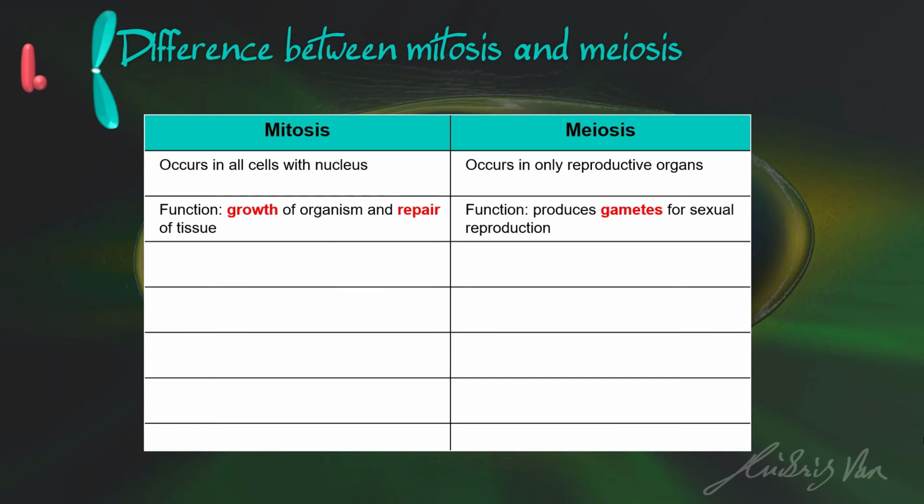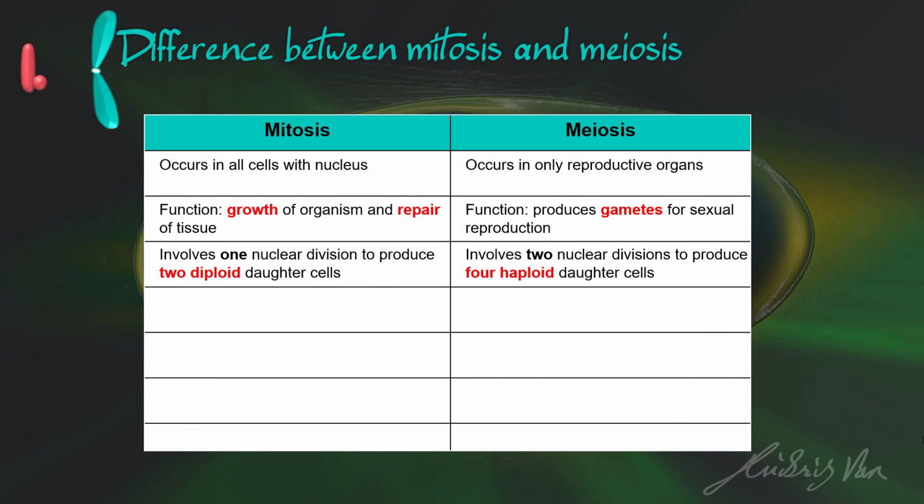The function of mitosis is for growth and repair, while meiosis is to produce gametes for sexual reproduction. Mitosis only involves one cell division that gives rise to two diploid daughter cells. Meiosis has two cell divisions and gives rise to four haploid daughter cells.